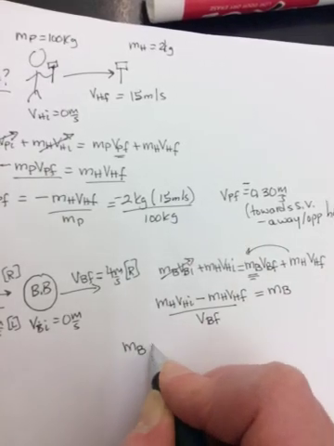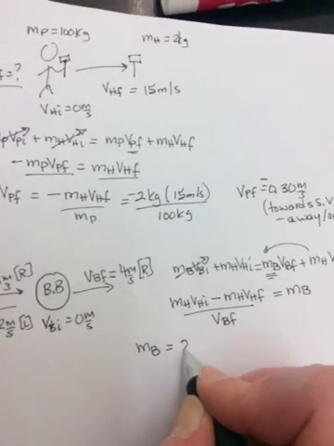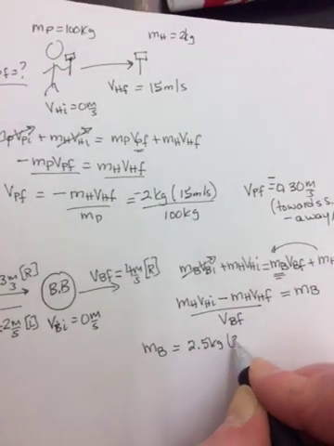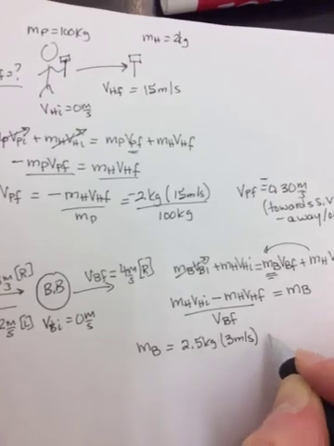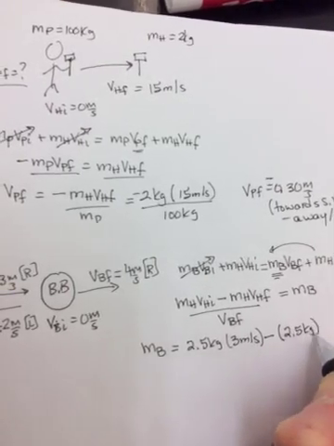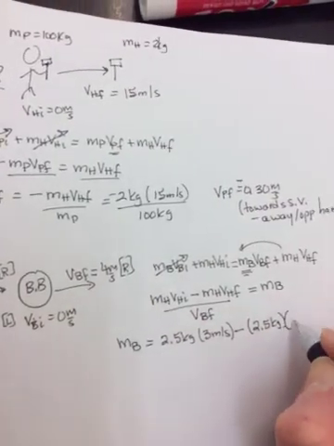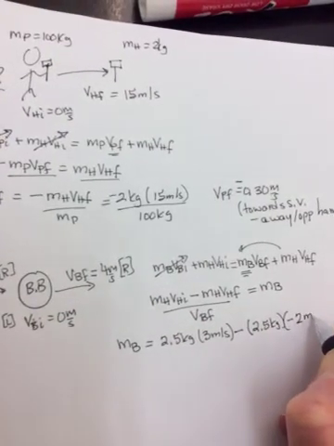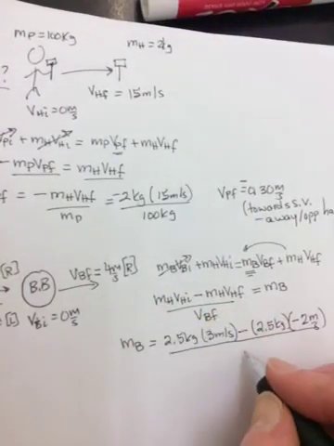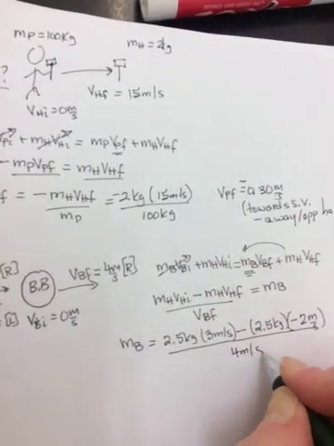So M of the bowling ball will equal, the hard ball's mass was 2.5 kilograms. The initial velocity was 3 meters per second to the right, so positive 3, minus 2.5 kilograms, and the final velocity was 2 meters to the left, so negative 2. Divided by the bowling ball's final velocity, 4 meters per second, and it's to the right.